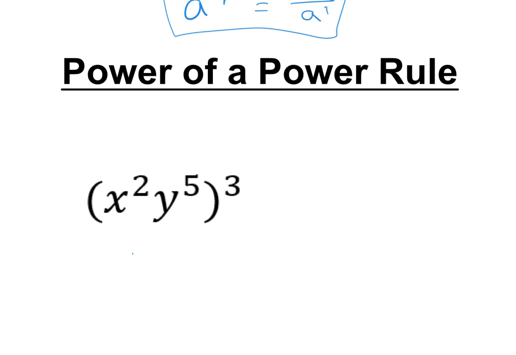And when you take it to that power, you multiply. So x squared is going to be x squared times 3, which is what our outside power was. Y to the 5th, we also have to take times 3, because that's our power. Power to power, we multiply.